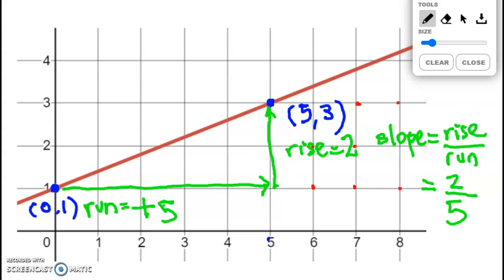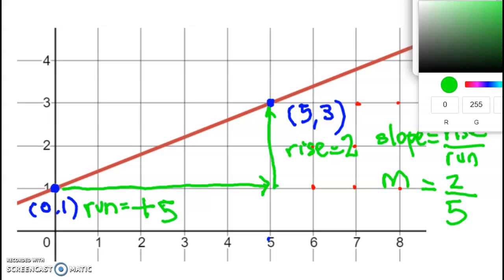Okay? Alright, so then can we figure out the equation? What else do we need? We've just figured out the m part of the equation. y is equal to mx plus b. So my linear equation is going to be y equals mx plus b. And we've just figured out what m was. m is 2 over 5, or 0.4.